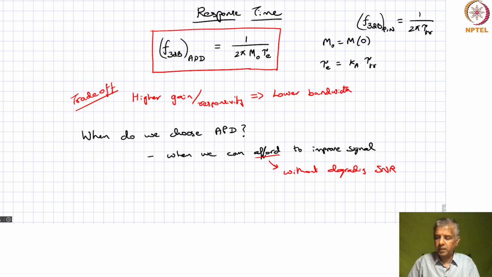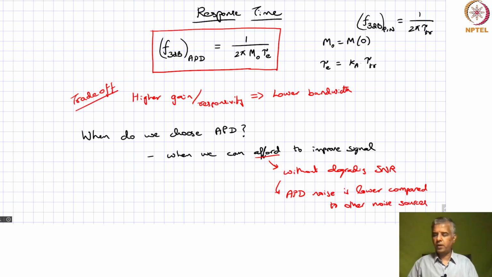But before we talk about this, what do we mean by this? Essentially, without degrading the signal to noise ratio means that the excess noise provided by the APD is lower compared to other noise sources.